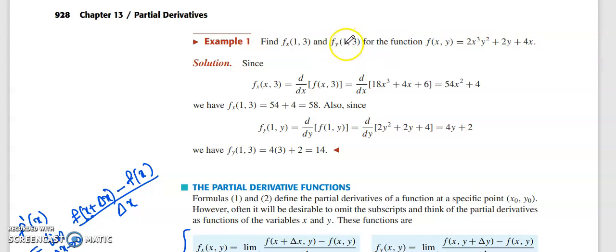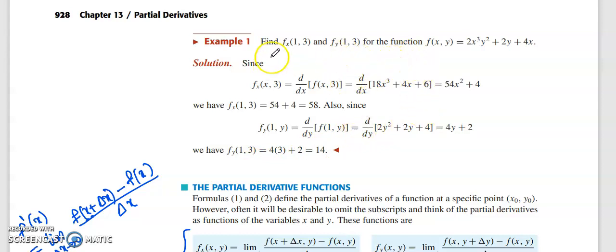So put x equal to 1, and we get a function of y. fy of (1, y) is d by dy of f of (1, y). f of (1, y) will be 2y squared plus 2y plus 4, so that is d by dy of 2y squared plus 2y plus 4. You will get 4y plus 2. For finding fy at (1, 3), give the value y equal to 3. That will be 12 plus 2, which is 14.